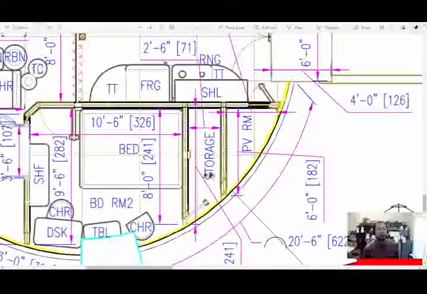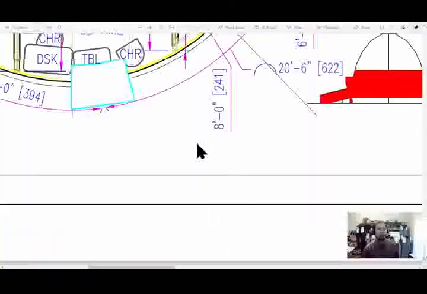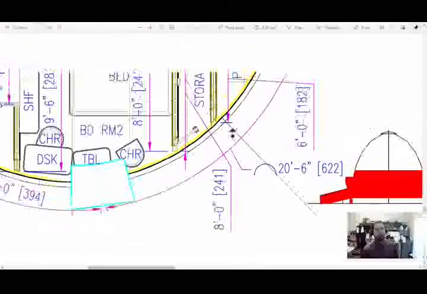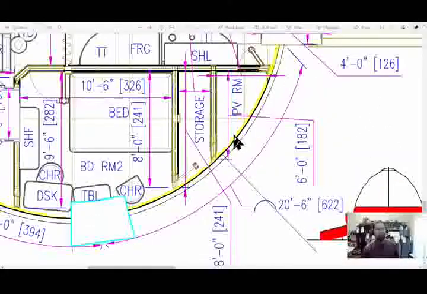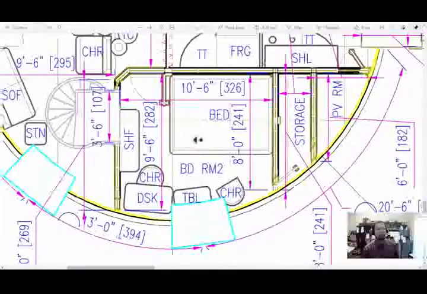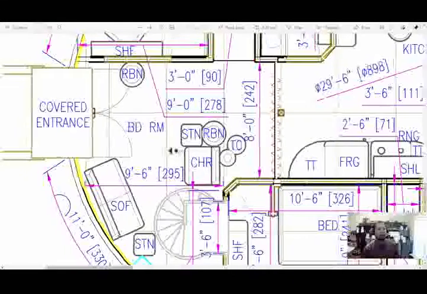And that is this dimension here, shown by this leader, 8 foot or 241 centimeters. You can see the corner room there, I call it the PV room, but it's also the electrical room, living area.